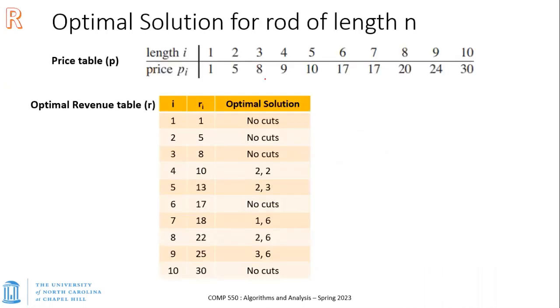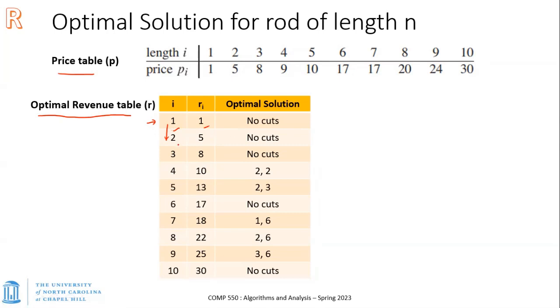So here is an example that we went through, and we said that, well, if you have a price table, what you can do is construct an optimal revenue table. Okay, and the way you can do that is by starting off with the smallest rod size 1, and then you can build up in a bottom-up approach.